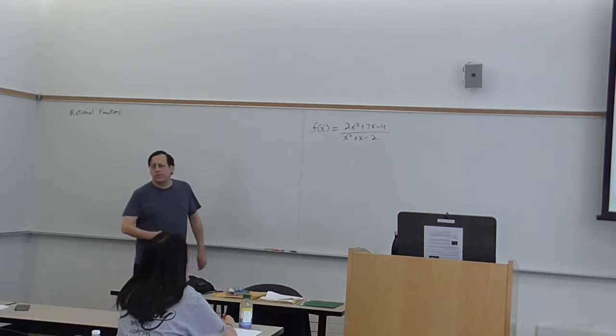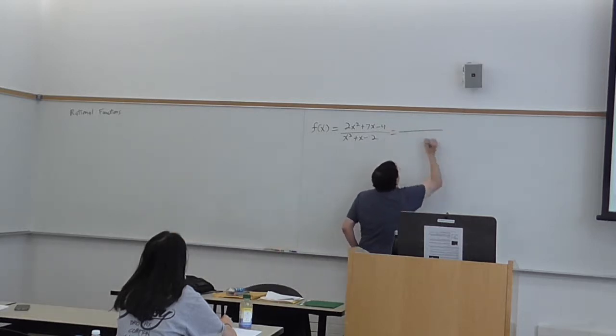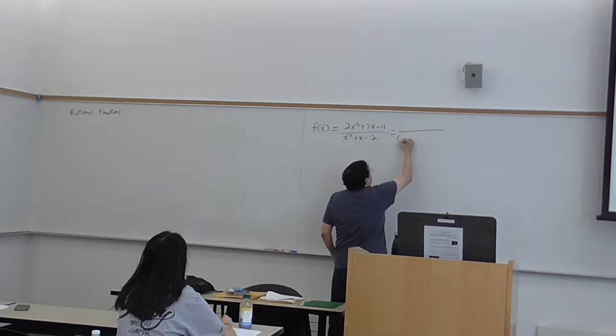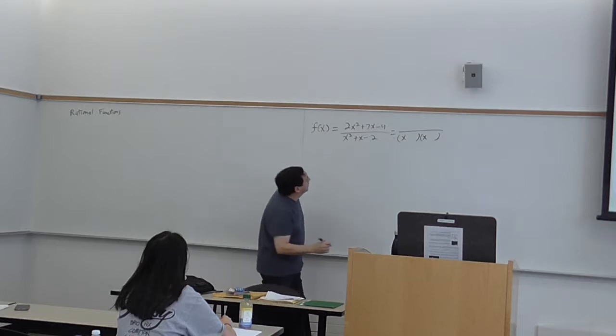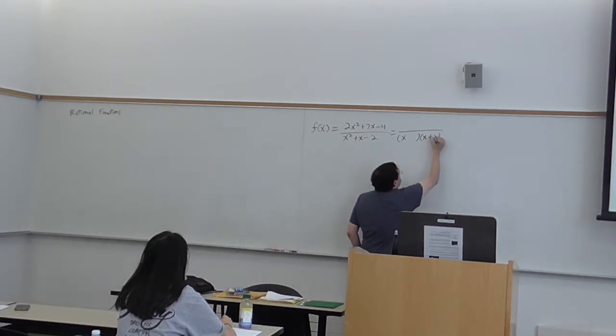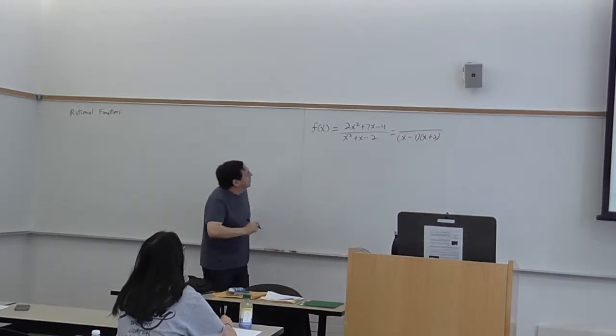Well, we probably should start by factoring the p of x and the q of x, right? So this is going to factor nicely using reverse FOIL. It's going to be plus 2 and minus 1. Is that right? Look right?